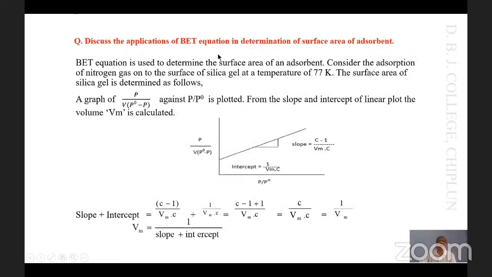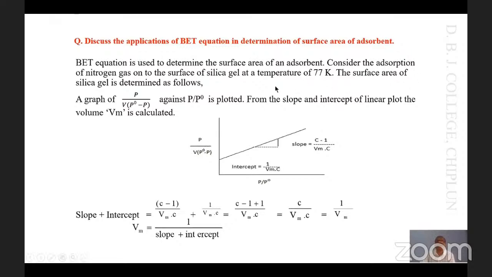Now, the application of the BET equation. The BET equation is used to determine the surface area of an adsorbent. Consider the adsorption of nitrogen gas onto the surface of silica gel at a temperature of 77 Kelvin.